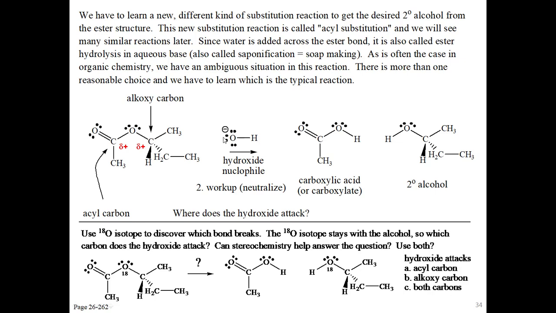But if this hydroxide attacked the carbonyl and this was pushed away, then the oxygen-18 would stay with the alcohol part. That was the way they were going to solve it. What they found was that after the reaction was over with hydroxide, the oxygen-18 was on the alcohol part and not the carboxylic acid part. That tells us that the oxygen attacked the carbonyl.